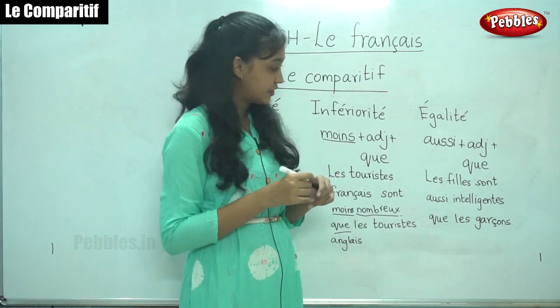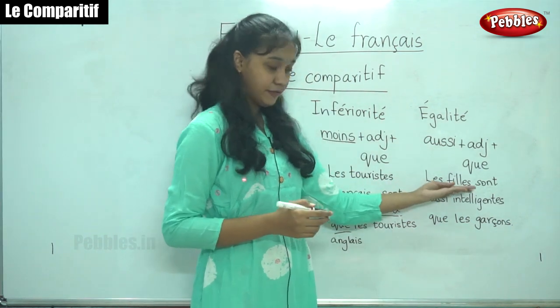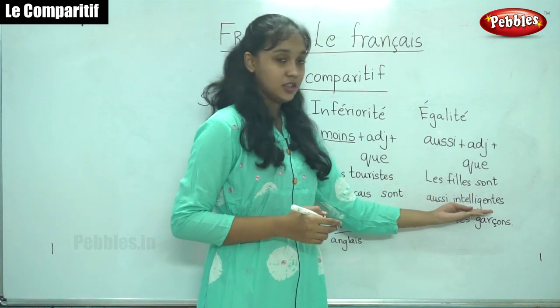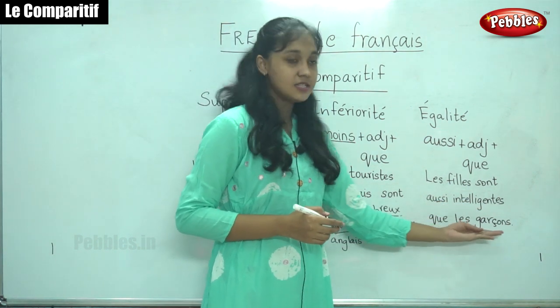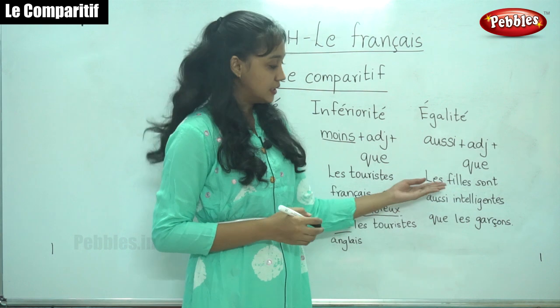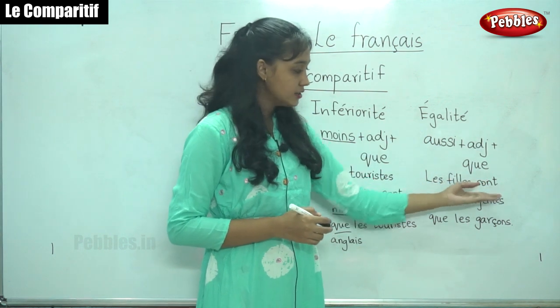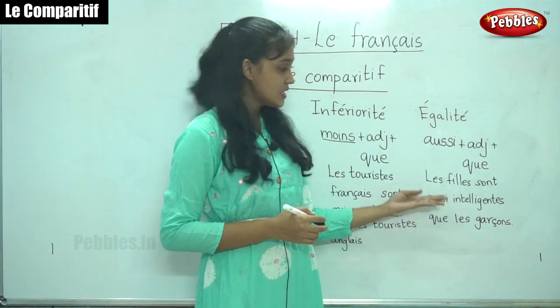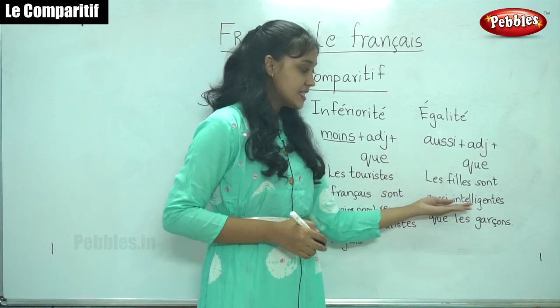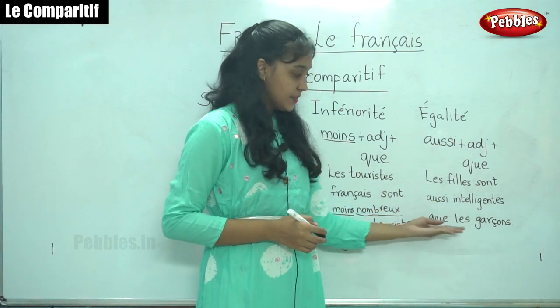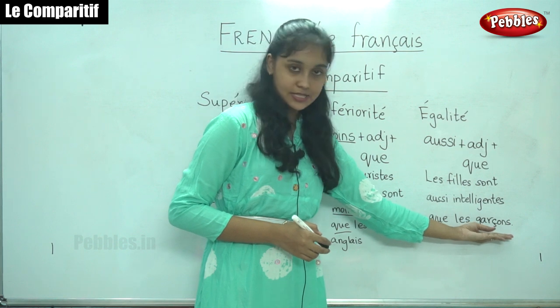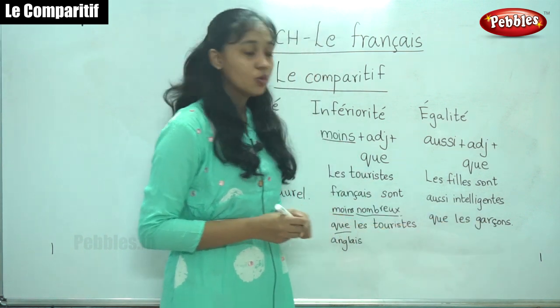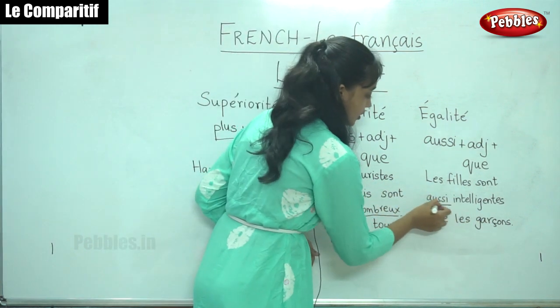So the sentence I have given you here is Les filles sont aussi intelligentes que les garçons. The girls are aussi. Aussi means equal. So as intelligent as the boys, les garçons. So what word did we use here?